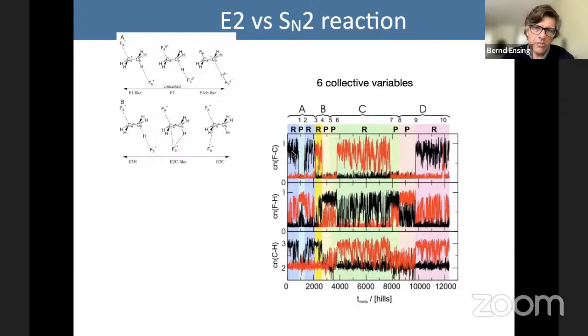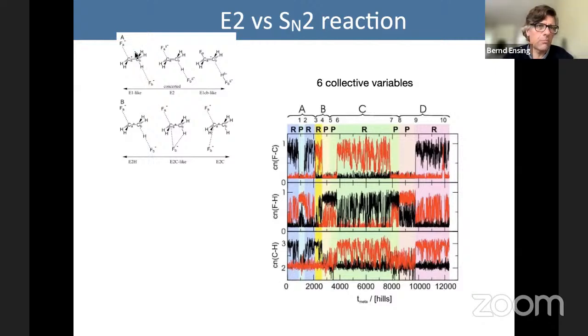So we have a black line and a red line, which are the 2 different coordination numbers around the fluorines. The number of hydrogens around fluorines, which is, well, it's 1 here, right? And it's 0 there. And then the number of hydrogens around carbon. So in this case, this one has 2, but in this case it has 3. So it varies from 2 to 3.